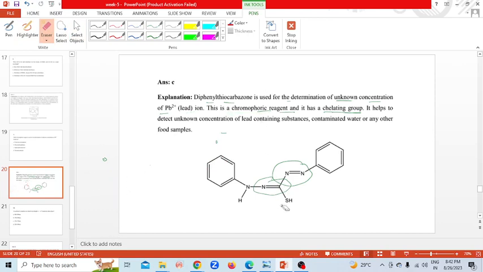Nitrogen and sulfur are also here, so it can also make a chelating complex. So this is the chromophoric reagent that has a chelating group. It helps to detect unknown concentration of lead in contaminated water or any other food sample. So contamination of lead you can identify by this reagent.